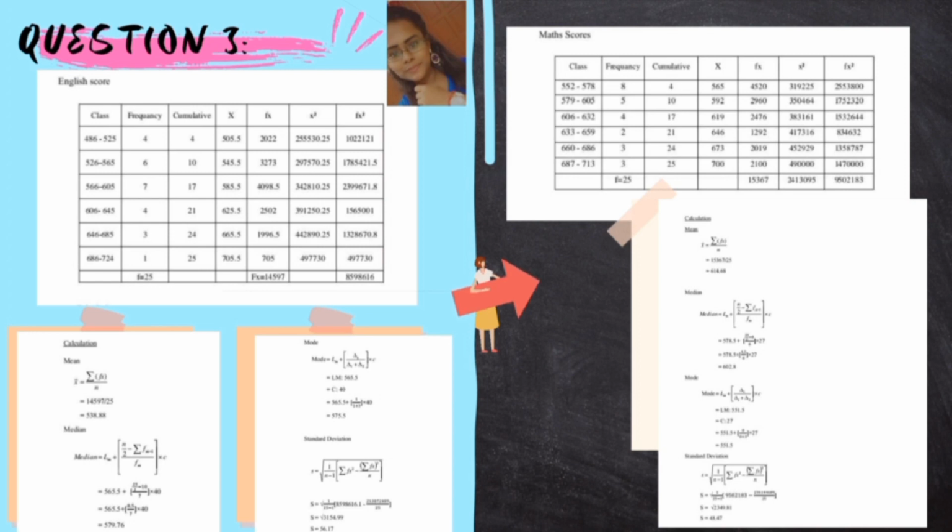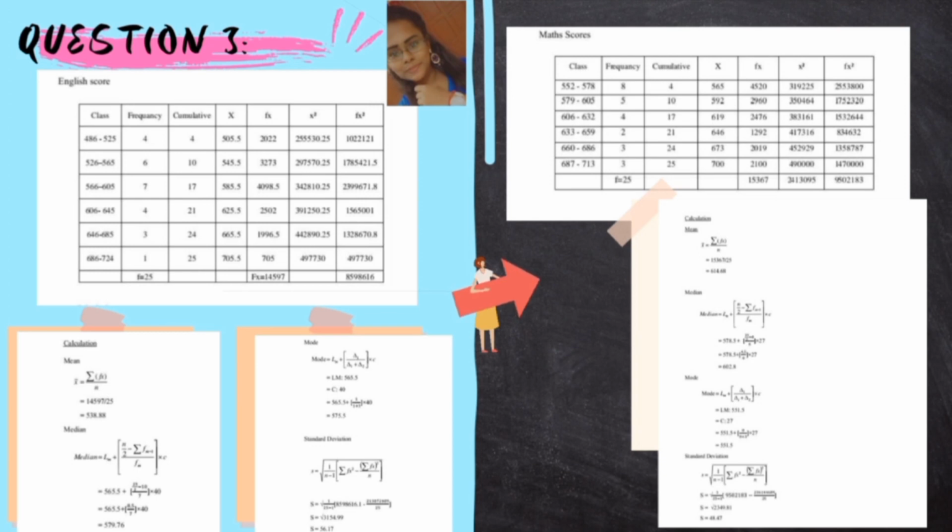For English score, the mean value is 538.88. For Math score, the mean value is 614.68. Secondly, median. Median is the value that lies in the middle of the data when the data set is ordered. The median value for English score is 579.76.